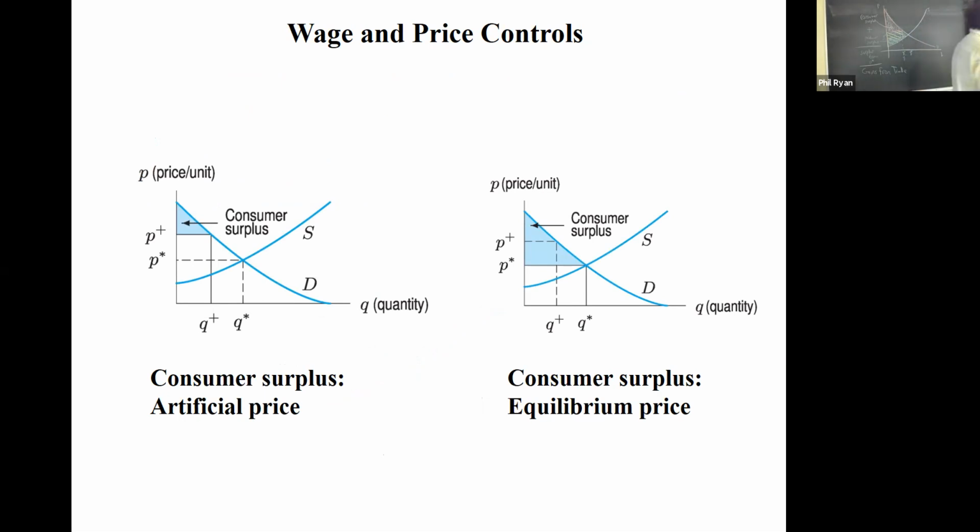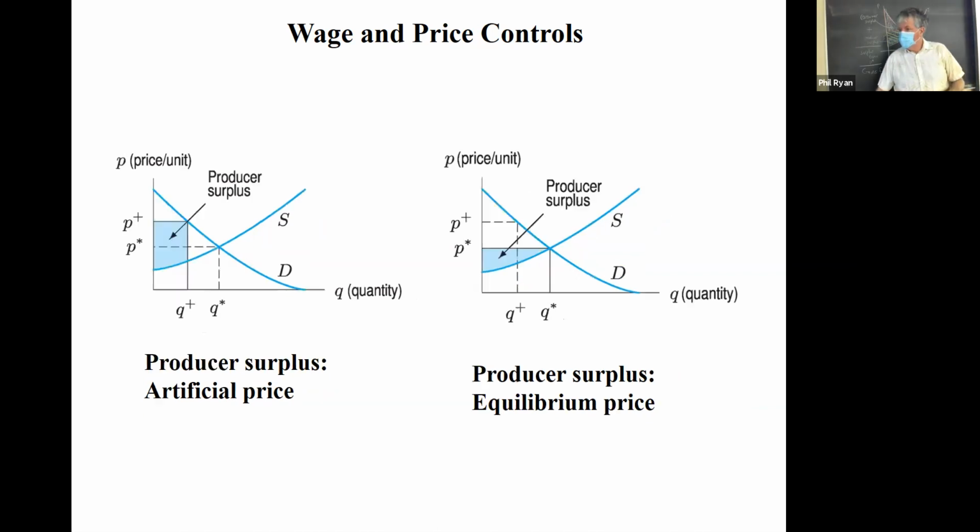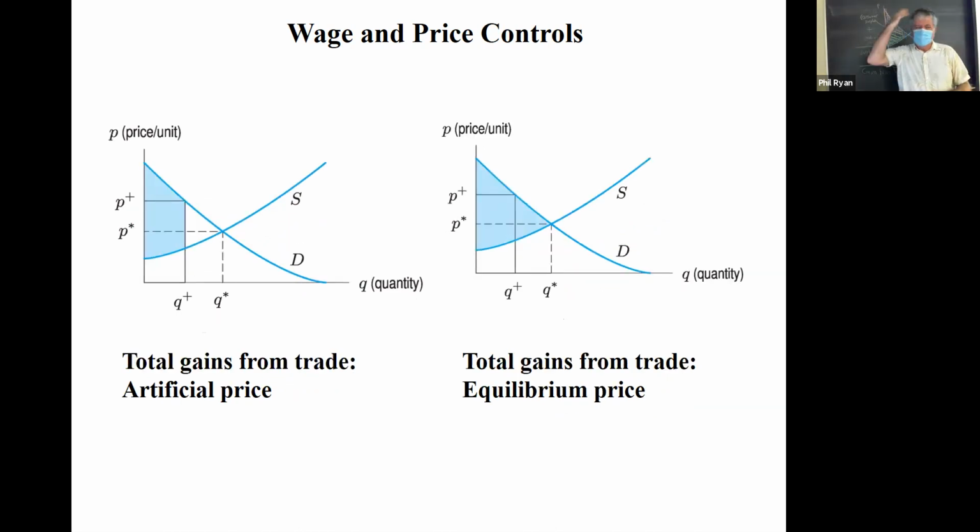Okay, and so this shows the difference between the consumer surplus at the equilibrium price and at the actual artificial price. Here's the effect on the producer surplus. It's going up. But the thing that we don't like as economists, as proto-economists, is the effect on total gains from trade.